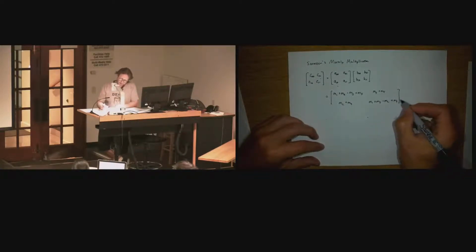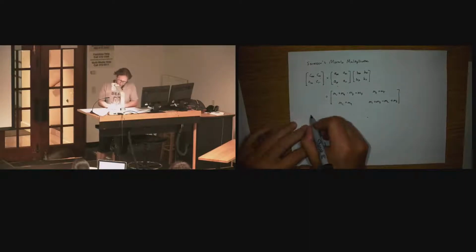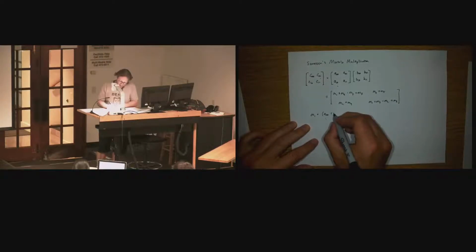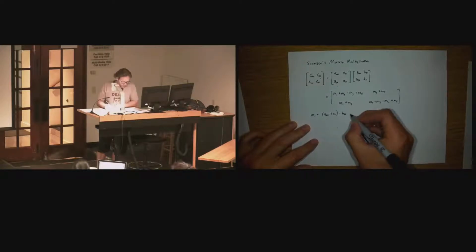So we've actually got 7 other values here that we have to compute. Those values are as follows. M1 is simply going to be the entry A00 plus A11 times B00 plus B11. All right?